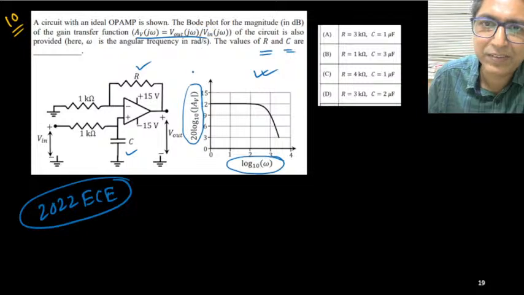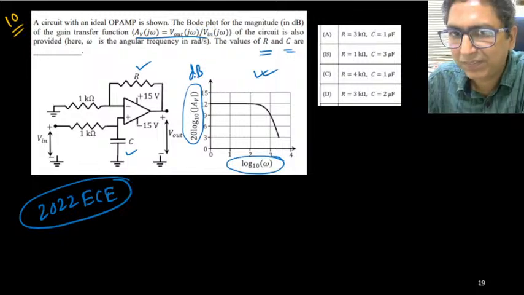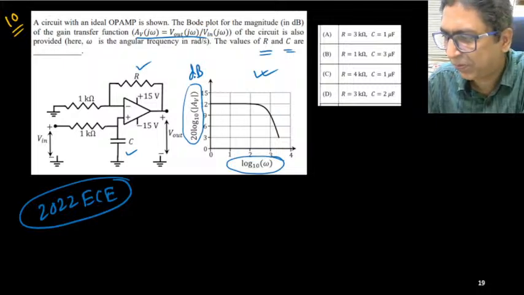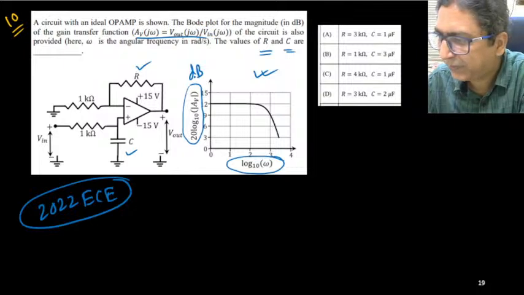Rather, it is given in dB form. So how to calculate these things? Can you solve it? Or is it beyond your scope? Can you try?